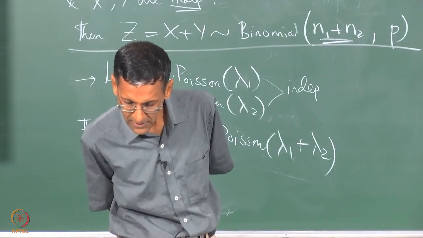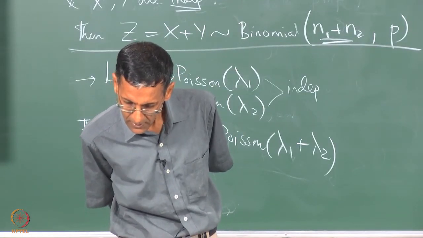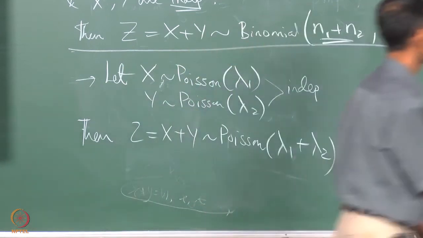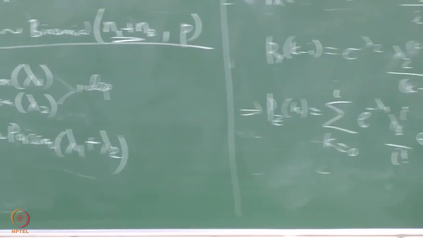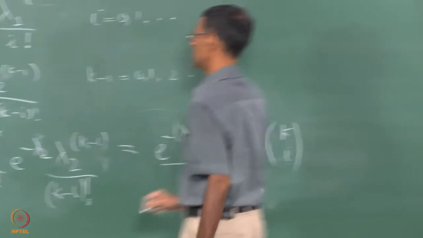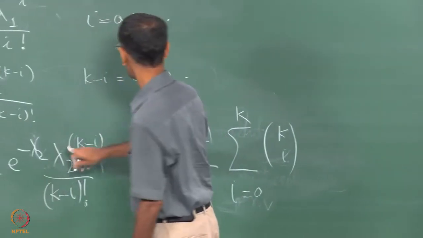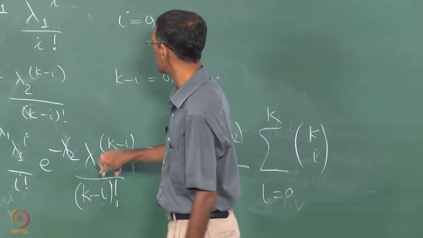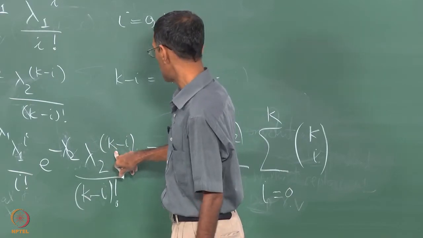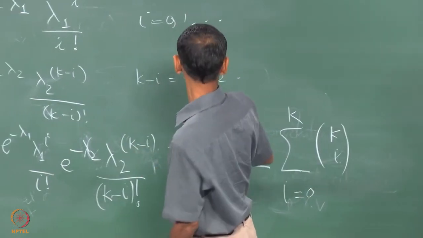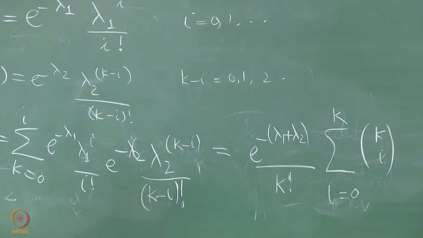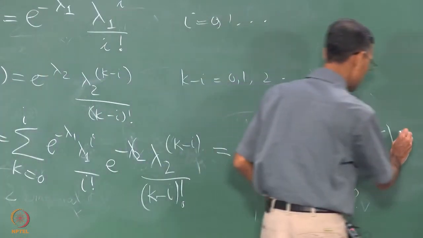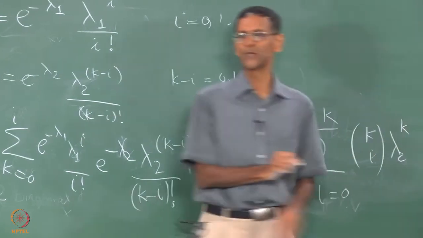It will just become k choose i, so there will be a k choose i term here. This lambda 2 to the power of k, I can pull out as well, but it doesn't matter, I'll write it out here separately. We can always pull it out later.